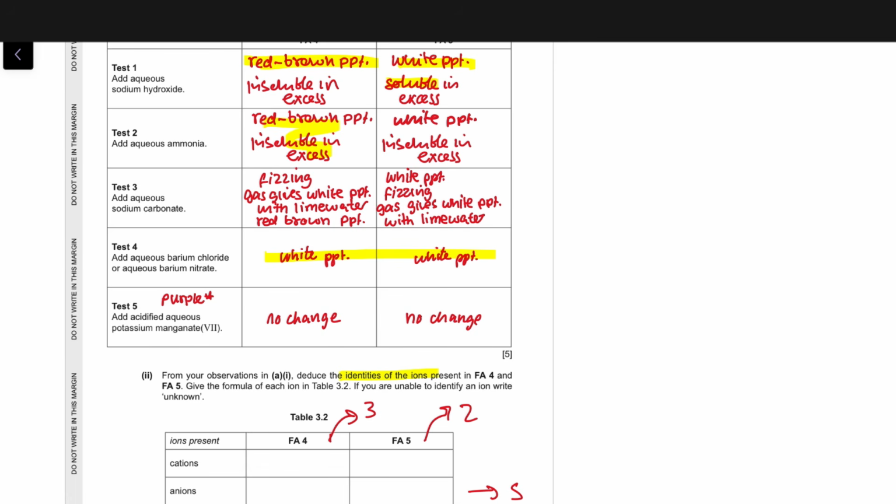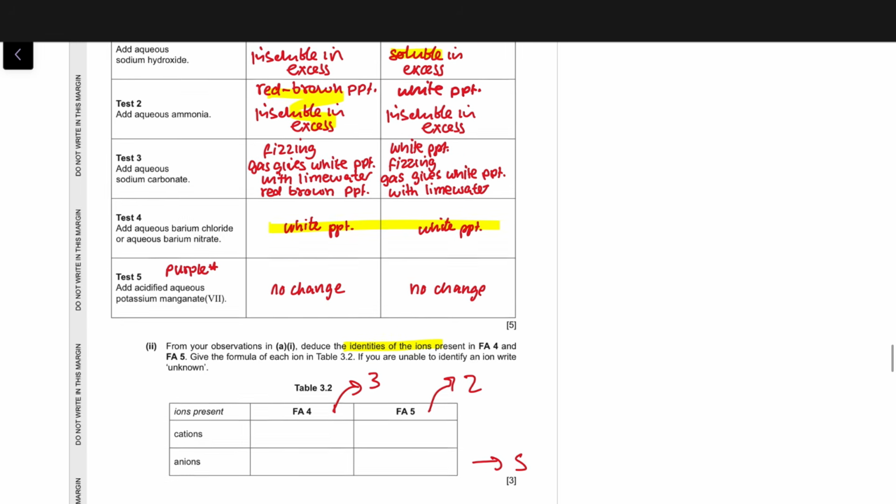If there's fizzing, then write further tests to confirm these gases. Solubility matters. If there's excess, is it still soluble? Is it still insoluble, or does it dissolve? And just try to write down as much as you can, because if you lose points or miss bits somewhere, you can gain them somewhere else.